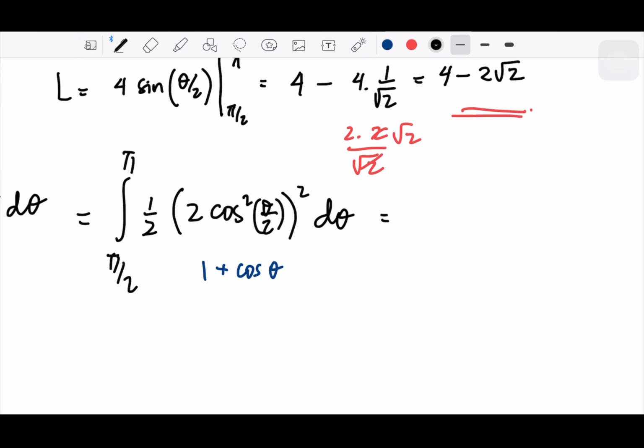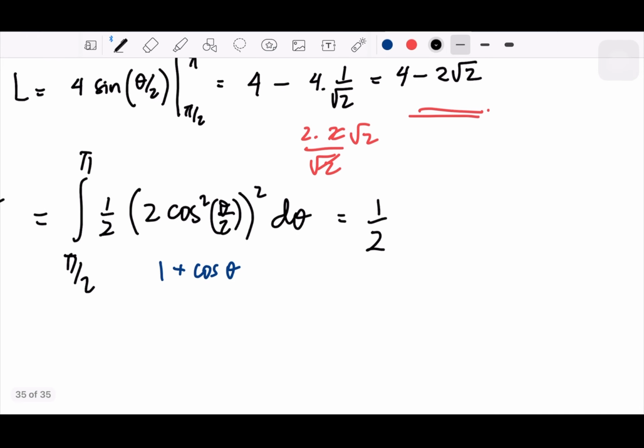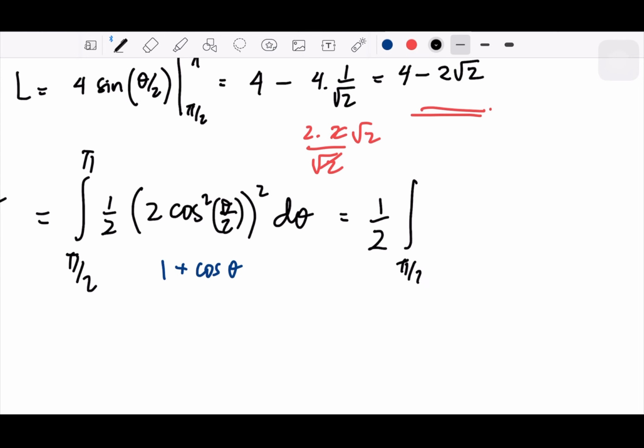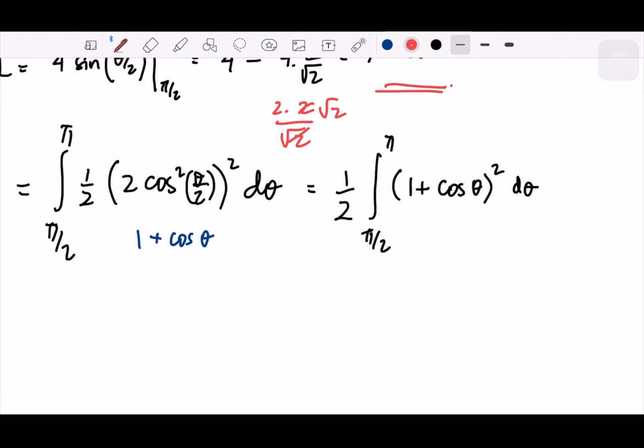Okay, so let me write half outside, and then 1 plus cos theta, squared. And then this will be 1 plus 2 cosine theta plus cosine squared theta.